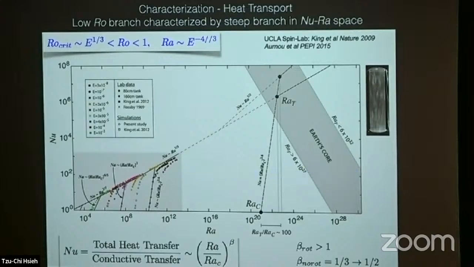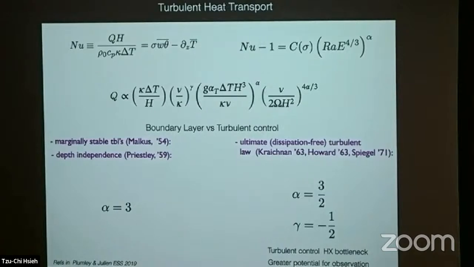So when you go through similar arguments, which have been put forth by these people here, if you're looking at the case where you have either depth independence in the scaling law, or even the boundary layer is marginally unstable, you'll pick up an exponent of 3.